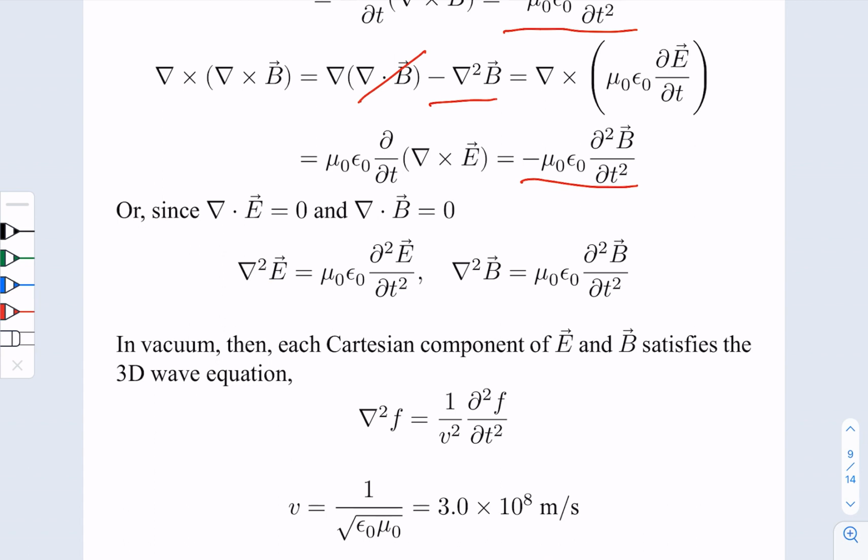So you should think of this as a three-dimensional wave, and instead of a wave only along the x direction, there are actually three components. Think of this equation as a wave equation for each component.